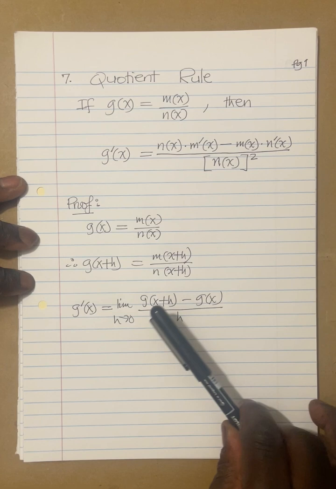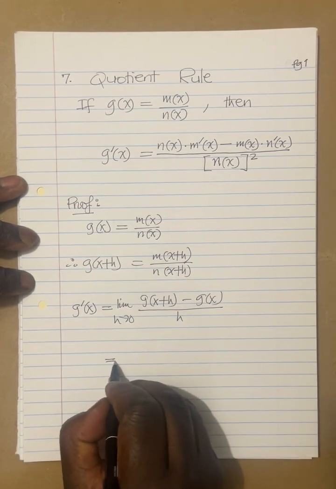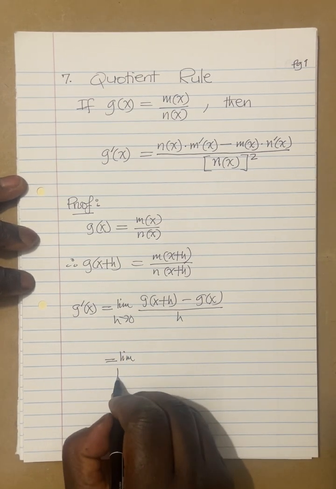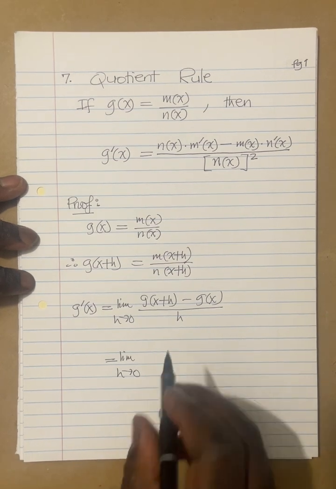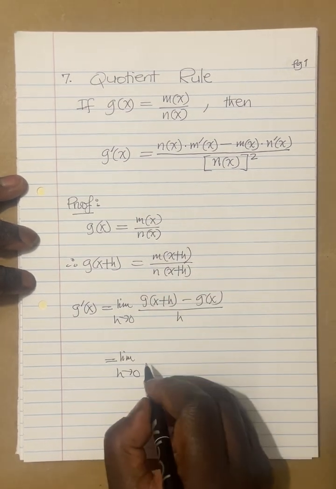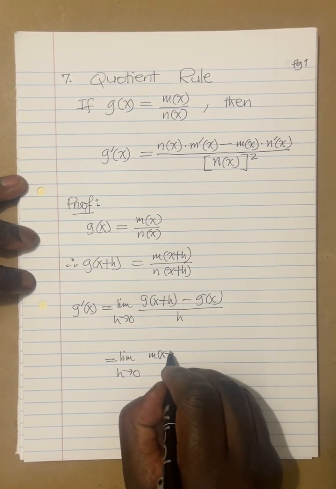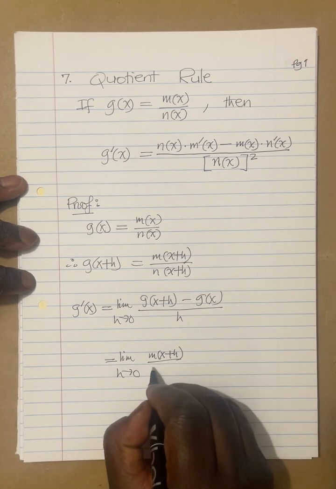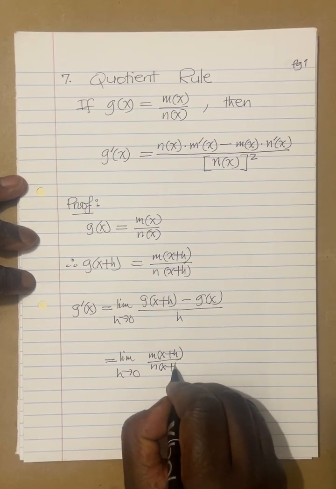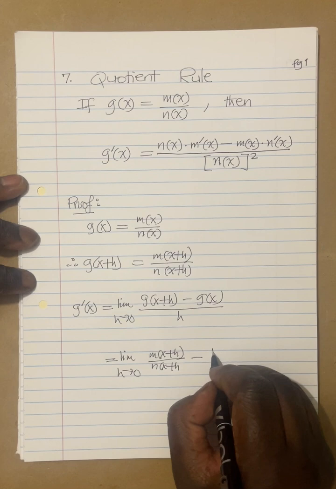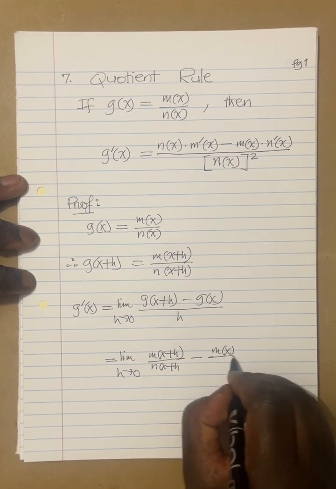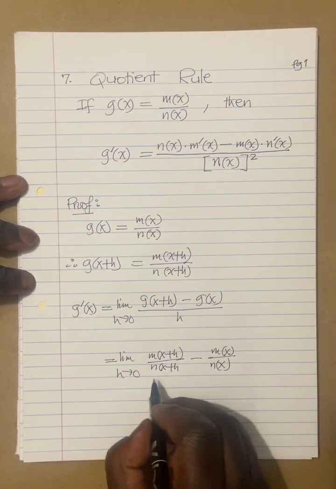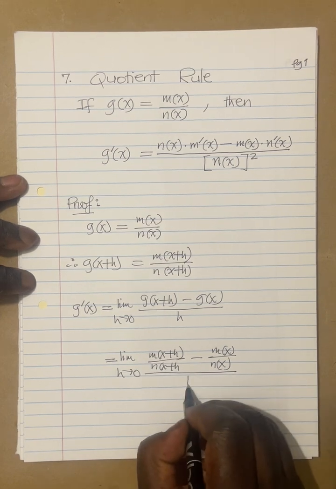Substituting the two expressions in there, we have limit as h approaches 0 of m of x plus h all over n of x plus h, and then minus m of x all over n of x, all over h.